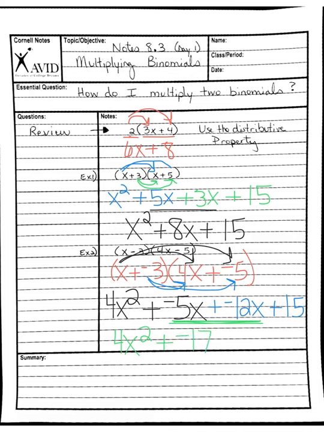Remember, when we're adding, they're like terms, so they have the same letter, and we just leave that letter as x in this example. So we're still multiplying, we're still making sure we multiply everything in one set of parentheses to everything in the other set. Let's look at our last example.